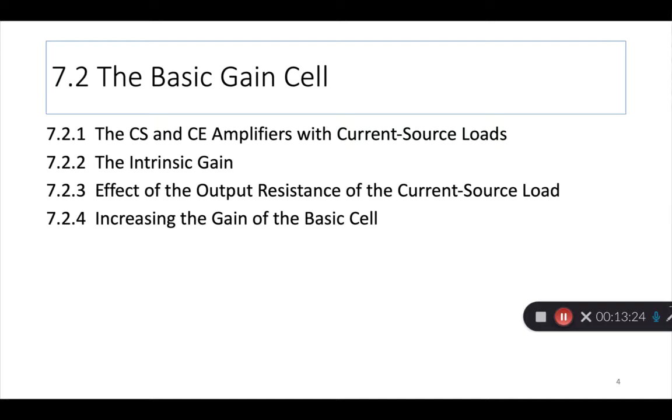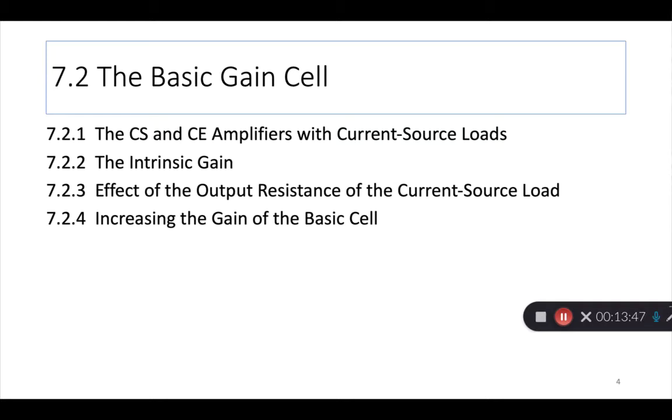The most popular or mostly used gain cells or gain configurations are the CE and the CS configurations, right? CE, common emitter when it's BJTs, and common source when it is MOSFETs.